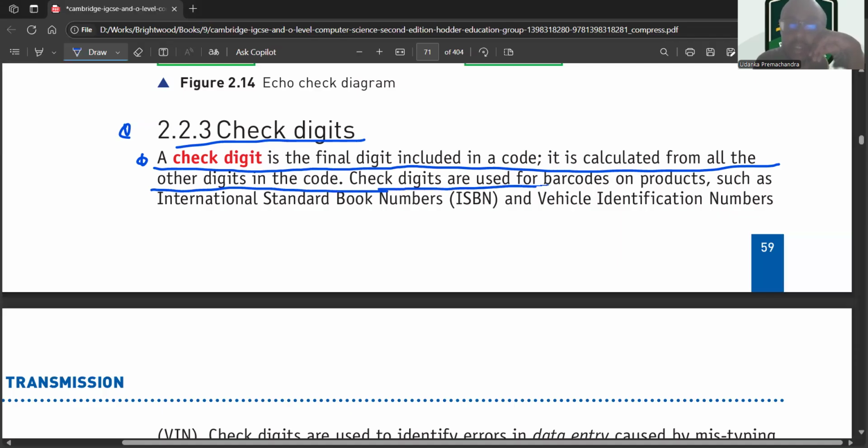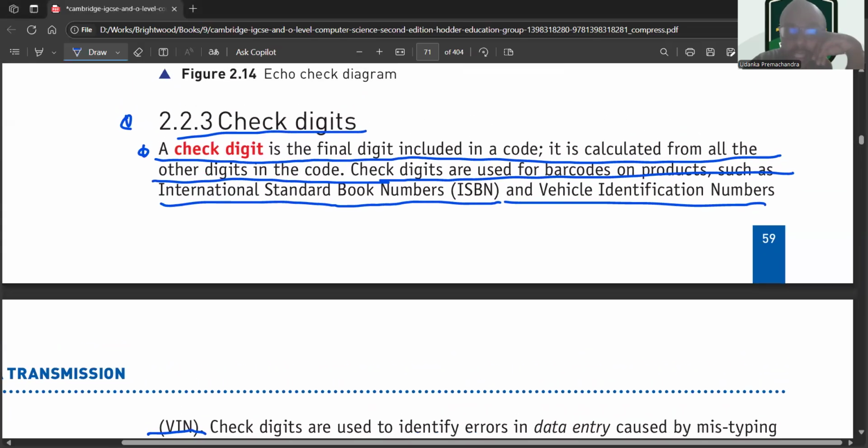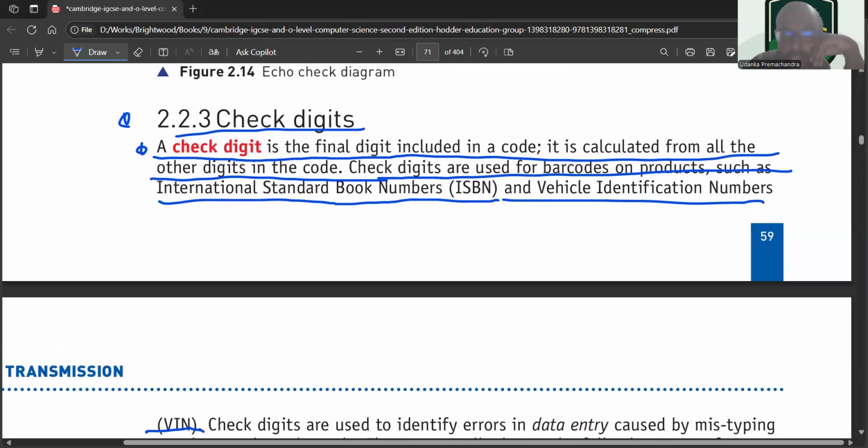Check digits are used for barcodes on products such as International Standard Book Number, ISBN, or Vehicle Identification Number, VIN. Okay, write it down.